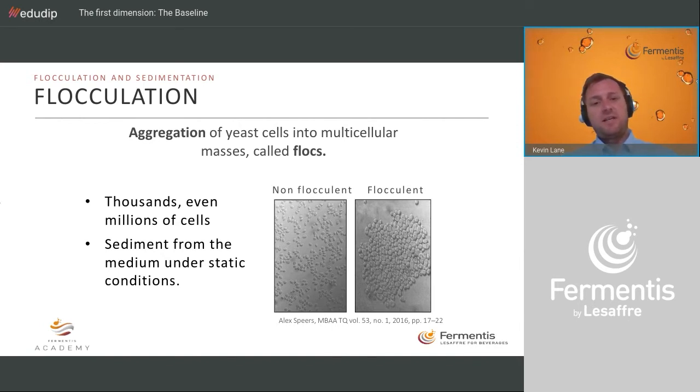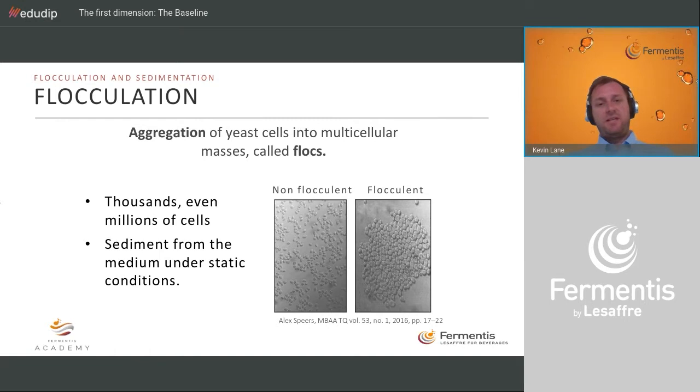So flocculation itself is the aggregation of yeast cells into a multicellular structure mass, a flock. And that's what these images in the lower right are showing. One flocculent yeast strain where you can see a mass of yeast all together, bunched together, maybe connected in one way or another. And the left image is non-flocculent.